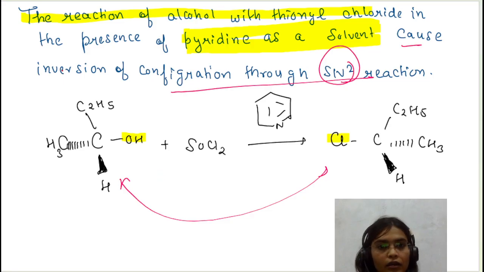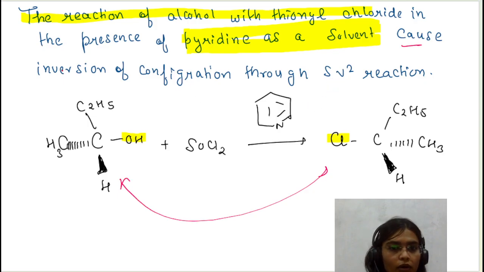Maybe you're not getting what the meaning of inversion of configuration is. To observe this, maybe you know the S or R nomenclature, yes or no? Do you know S and R nomenclature? Little bit. Okay then, for this class only, because of course this is a part of stereochemistry, let's give the priority.